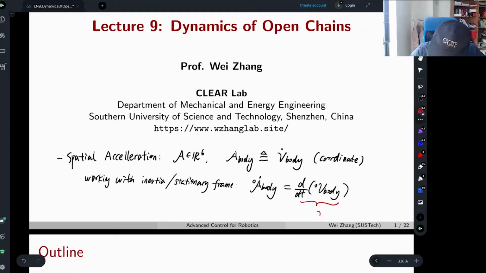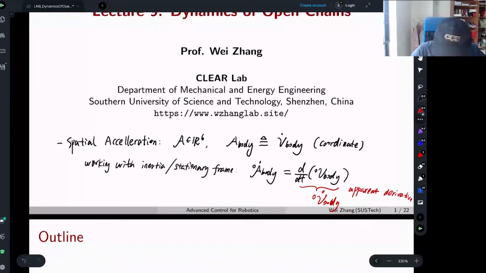Oftentimes we call this V body circle, the apparent derivative, where you just take the derivative with respect to the coordinate numbers.